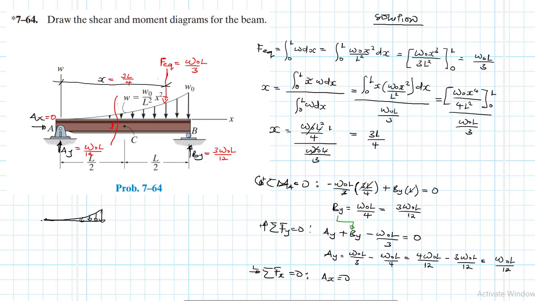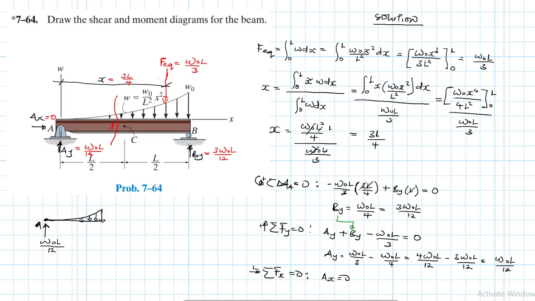This point is A, and it is equal to W naught L divided by 12.